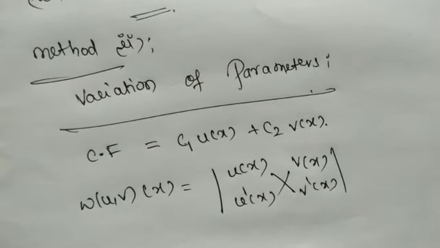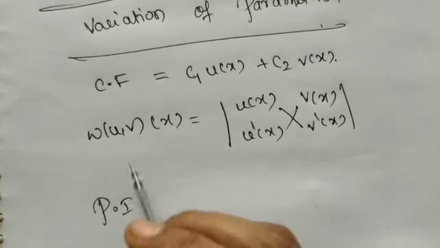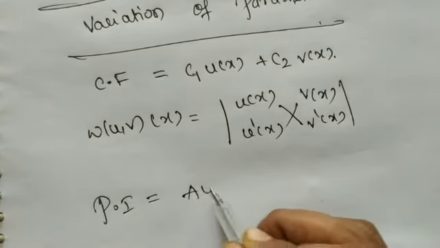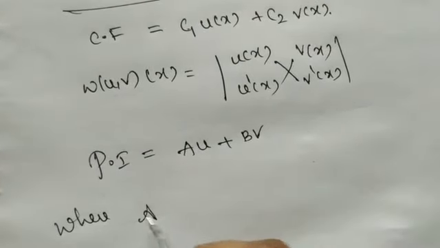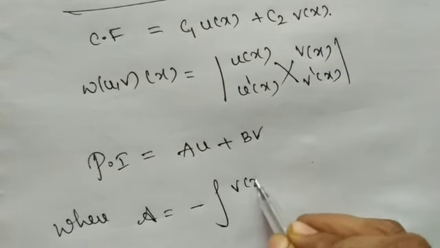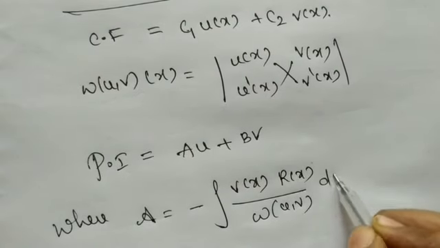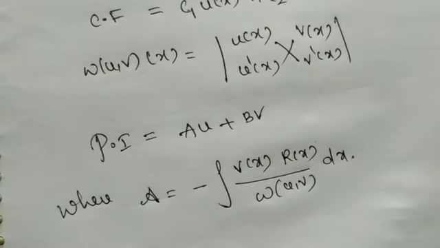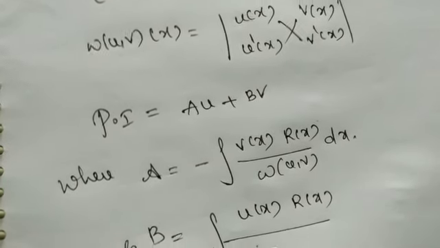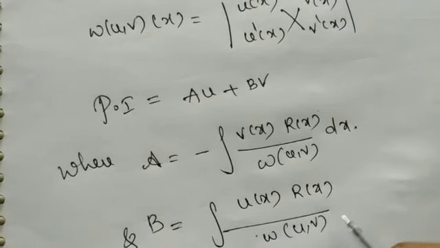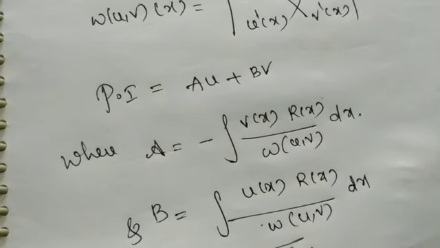Cross multiplying, we get the W value. The particular integral is A u + B v, where A = -∫ v(x) R(x)/W(u, v) dx, and B = ∫ u(x) R(x)/W(u, v) dx. So this is the variation of parameters.